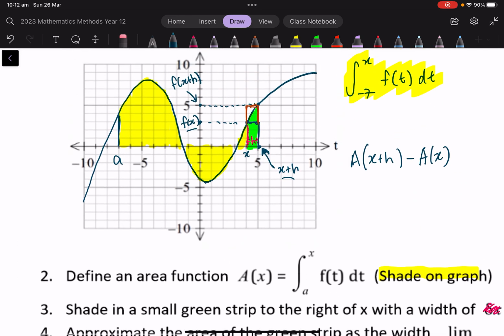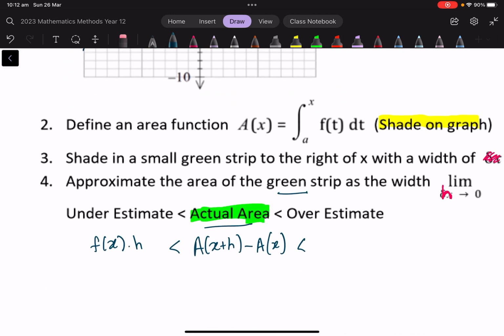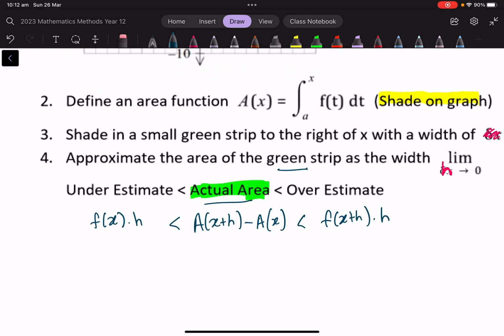And the overestimate rectangle has a height of f of x plus h. From there to there is f of x plus h. And a width of h. So we're going to say f of x plus h times by a width of h. So now we've set up our inequalities. We can do some algebra here.